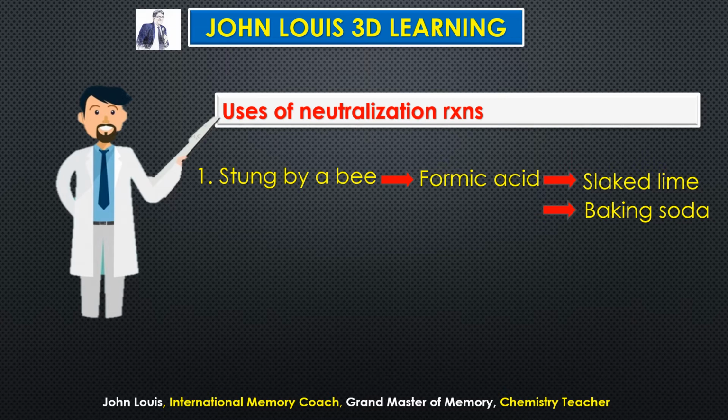Okay, you should know the formula for all these things. What is slaked lime? Slaked lime is calcium hydroxide. So what will be the formula? Apply the symbols and valency rules here. Ca OH, calcium valency 2, hydroxide valency 1. Therefore if you interchange, you will get Ca(OH)2. What is baking soda? Sodium bicarbonate.